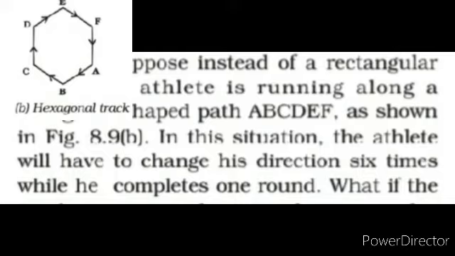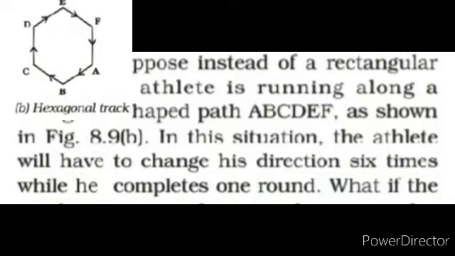Let's see. A to B, 1. Then from B, the direction changes, B to C. Then from C to D, D to E, E to F, F to A, and again A to B. So there are 6 turns which the athlete has to take to complete one round.